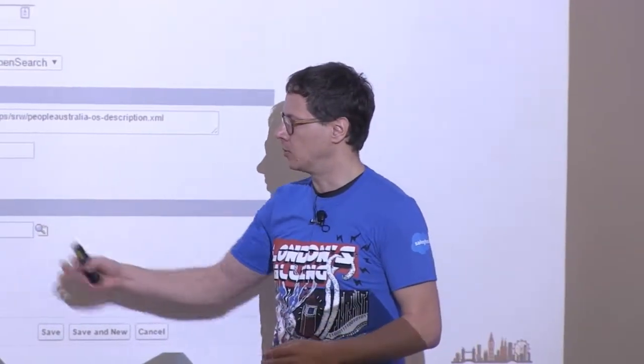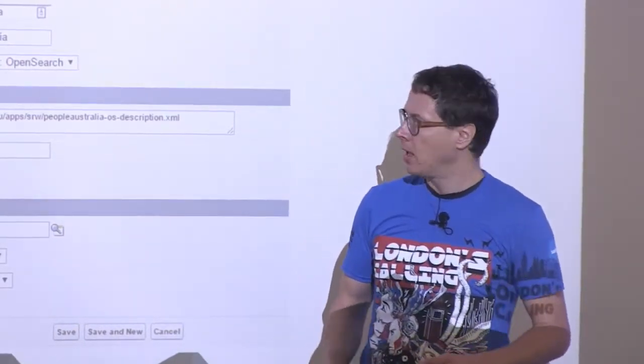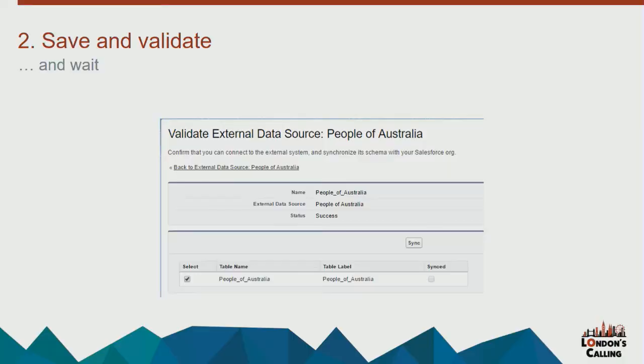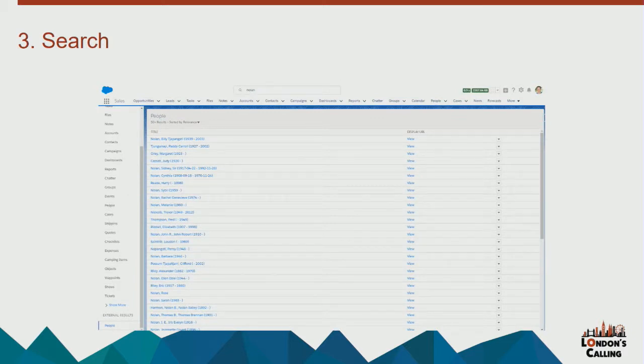You can even set up some authentication, so it doesn't have to be on the wide internet. You can use your username or a certificate. And you save it, you click the Verify button. It says, okay, it has one table, just sync, and it will create an external object, and then you can use it. Simple like that, in case you have the OpenSearch description file.